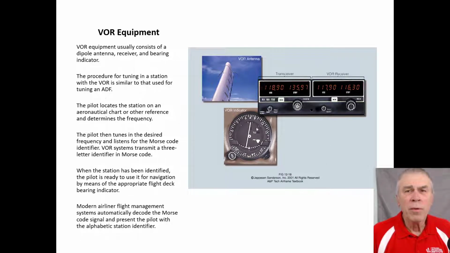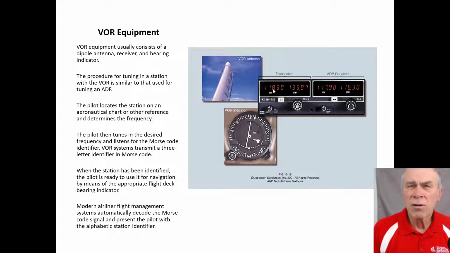The VOR equipment, like we looked at with DME, is very similar. There's an antenna, of various types. This is one of our main navigation receivers. You can see we talked about COM on one side of the receiver. Well, it basically shares the other side of the receiver. And look where it's actually tuned to. Look how close those frequencies are.